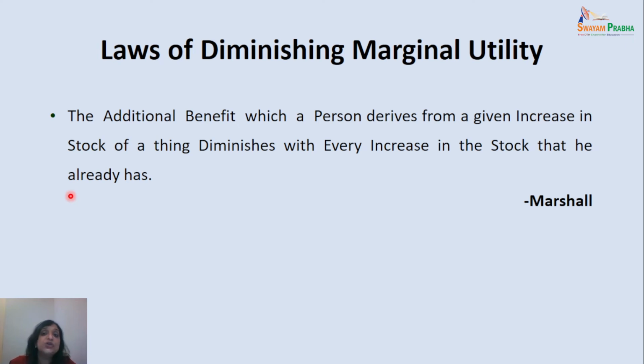So the additional benefit, which is measured by your marginal utility, which a person gets by increasing the stock of that thing, that is by taking more and more of that, will keep on declining.